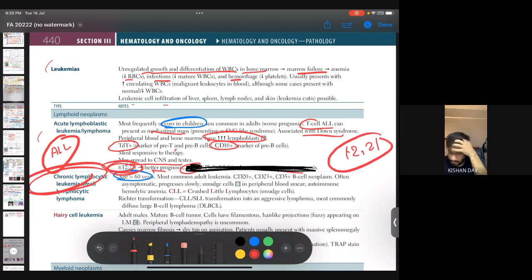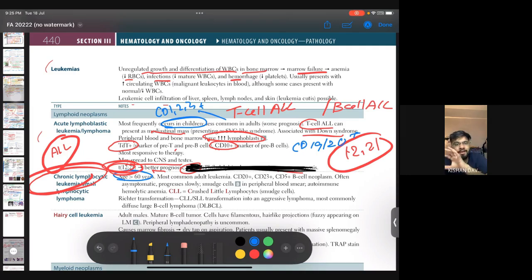Another thing, TdT plus and CD10 plus are the markers, so this is also important. Another thing you need to remember here is, if the question wants to ask you T cell ALL or B cell ALL, you need to look at the markers. If it is T cell ALL, they will say CD1, 2, 3, any positive. If it is B cell ALL, they will definitely give you CD19, CD20 positive.